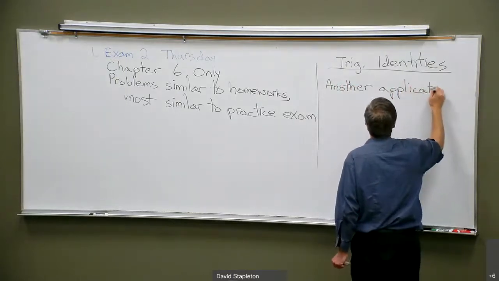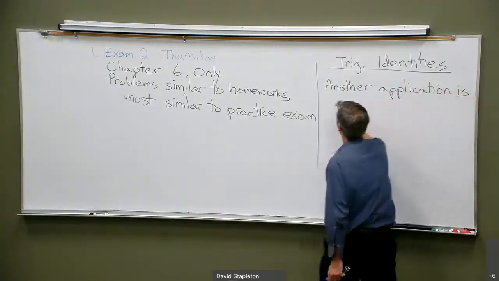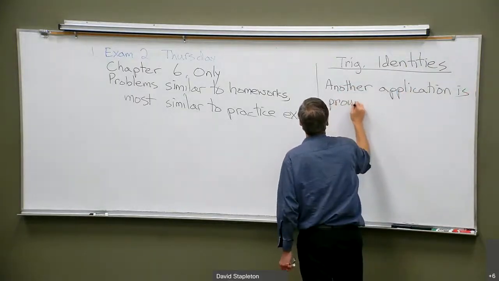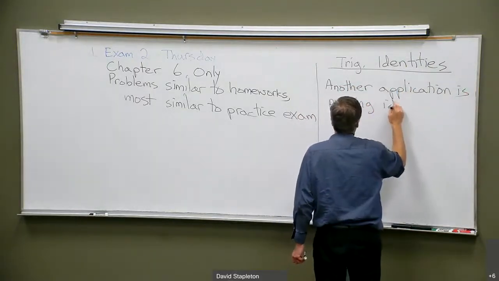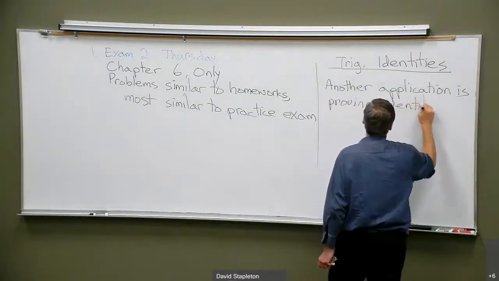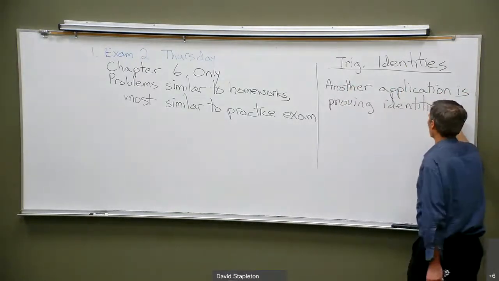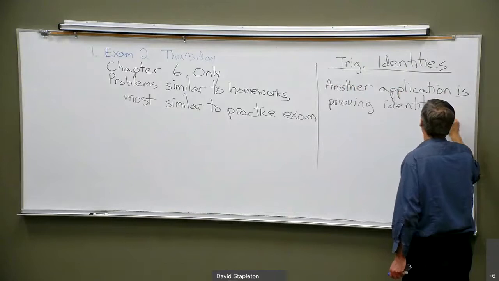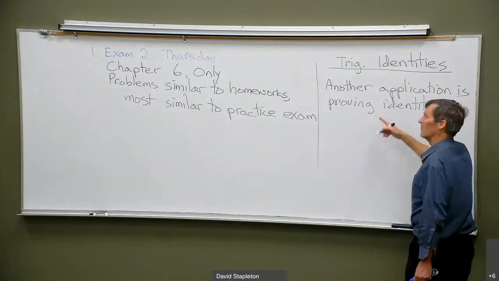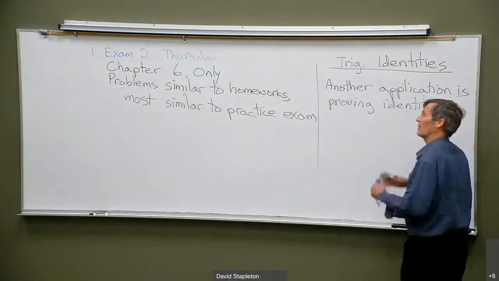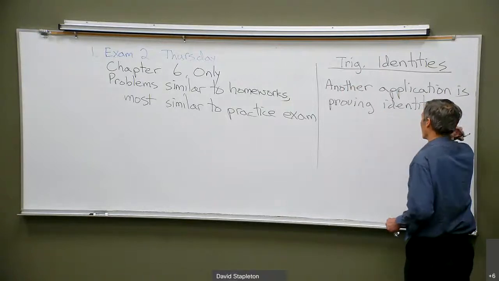So another application is proving identities. This is one of the harder parts of the course, but it just takes practice. And when you become good at this, you become even better at simplifying those things. And I think the book problems say establish the identity. They try to avoid the word proof, but it really is proofs.